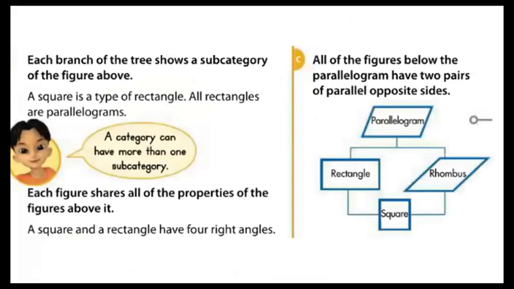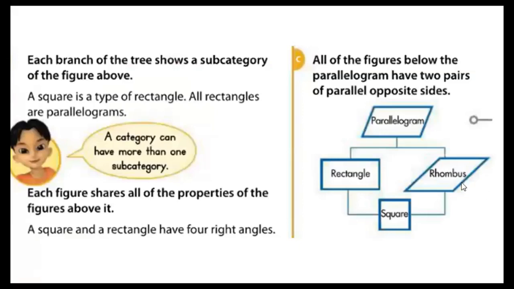Each figure shares all the properties of the figures above it. A square and rectangle have four right angles, so all of the figures below the parallelogram have two pairs of parallel opposite sides. So I can consider these four shapes related, but they are not the same, okay?